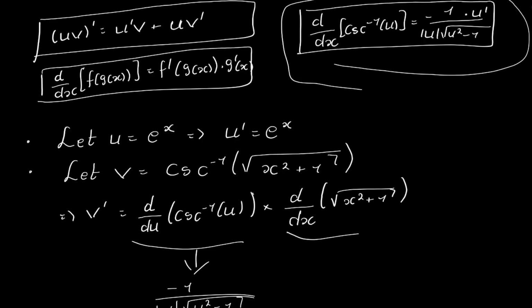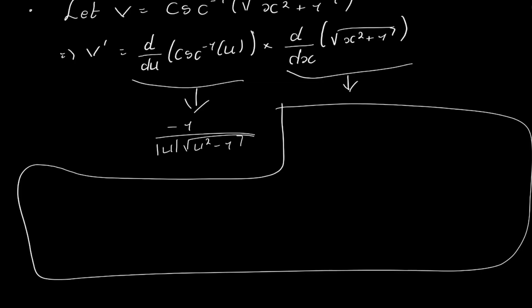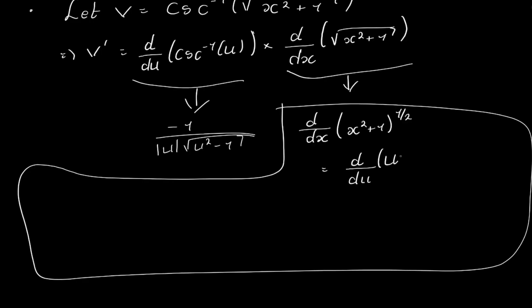Now let's move on to our second term. We notice that this is still a function of another function, which is the derivative with respect to x of x squared plus 1, all to the power half. So let's just apply the chain rule directly rather than letting. This gives us the derivative with respect to u of u to the power half, times the derivative with respect to x of our inner function x squared plus 1.